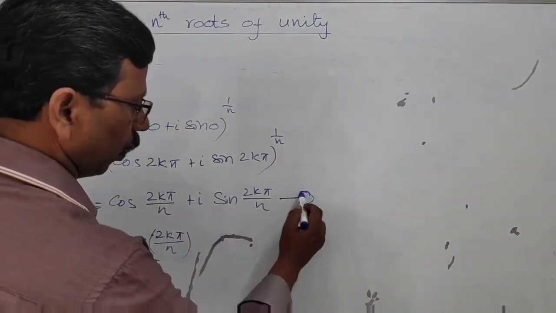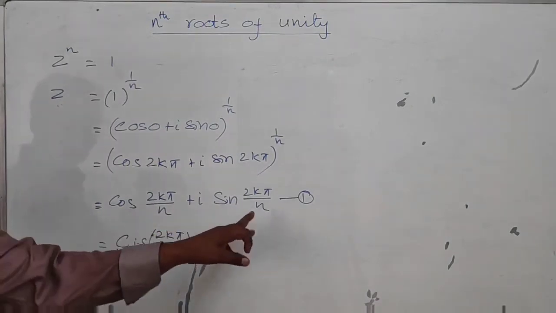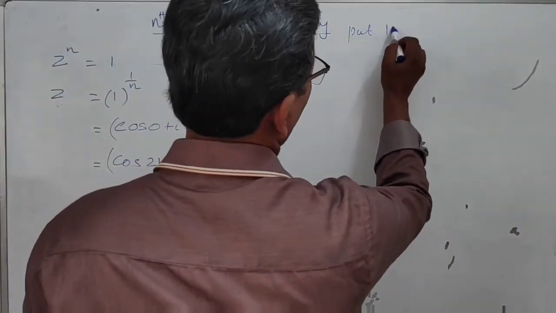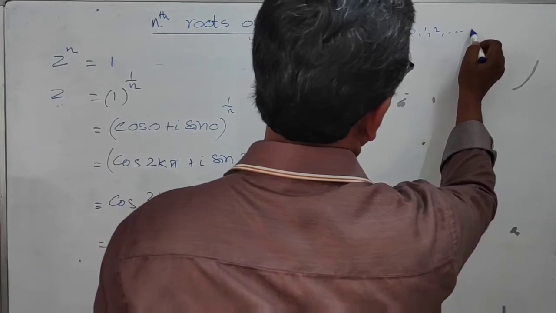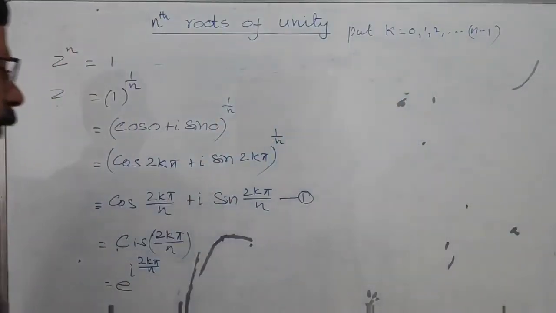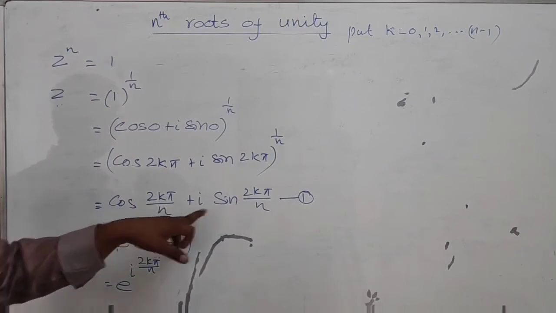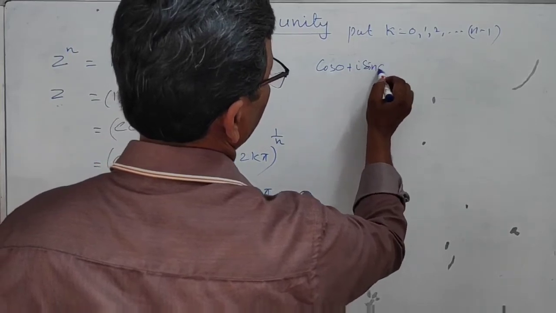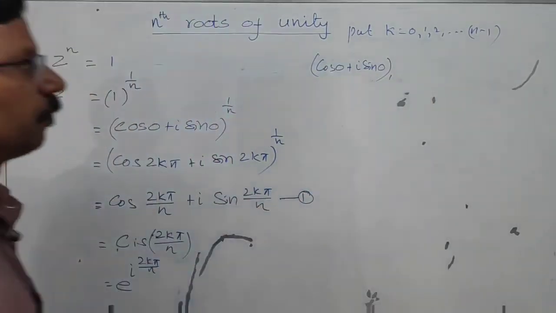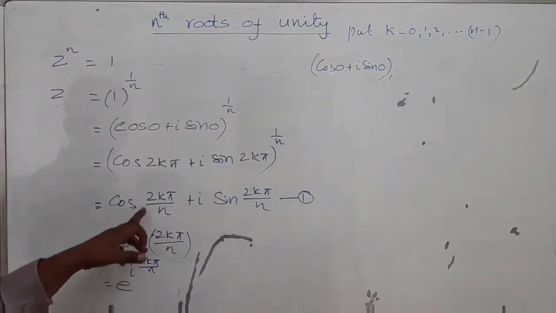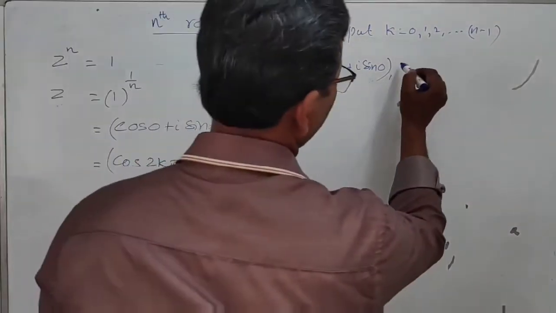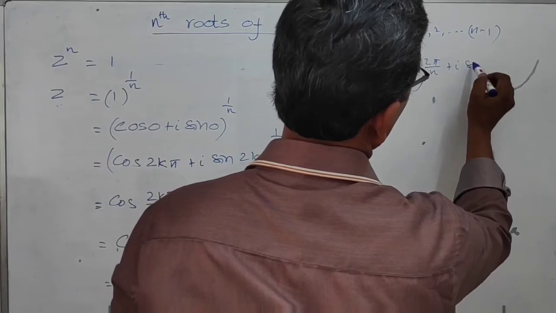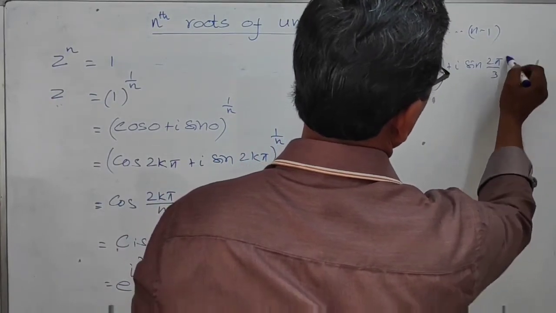For this case, we can take equation number 1. Here we are going to assign the values for k from 0 to n minus 1. Therefore, put k equal to 0, 1, 2, etc., till n minus 1. Whenever you put k equal to 0, you get cos 0 plus i sin 0. This is one complex root. Then if you put k equal to 1, you get cos 2 pi by n plus i sin 2 pi by n.